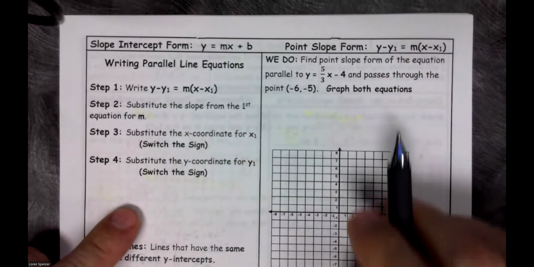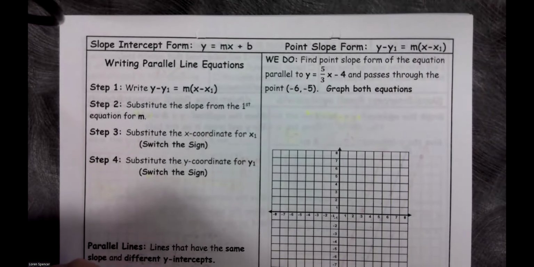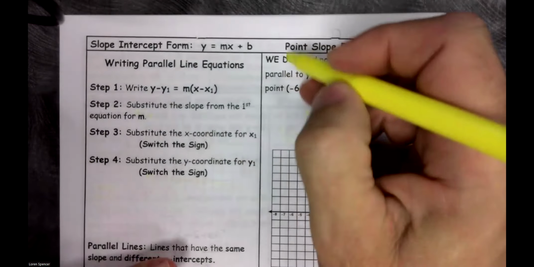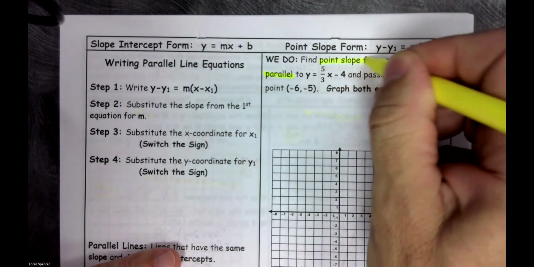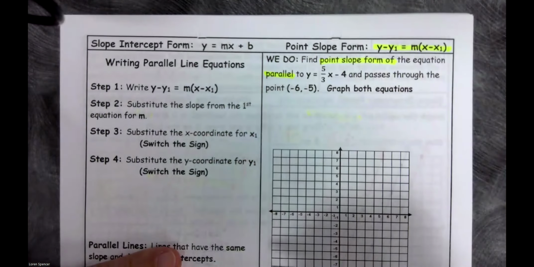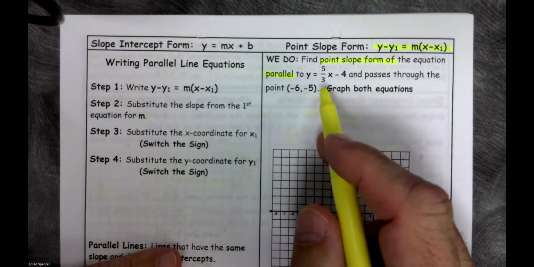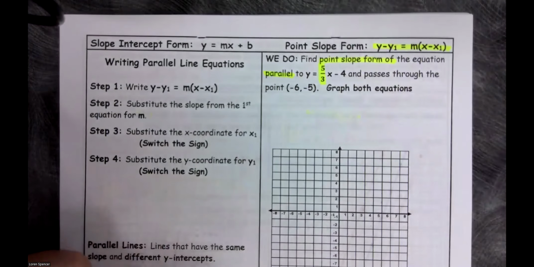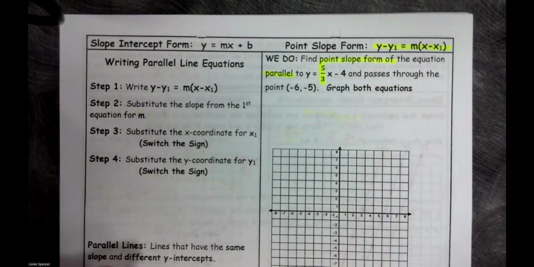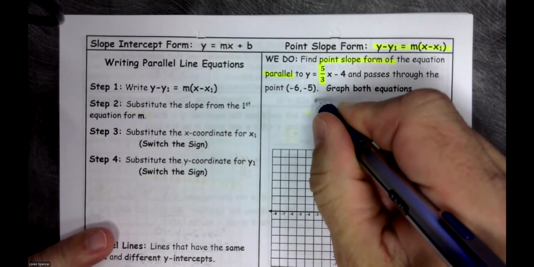So find the point slope form of the equation parallel to y equals 5/3 x minus 4. So we want it parallel. We want to find the point slope, so we're going to use y minus y1 equals m times x minus x1 and passes through the point given.